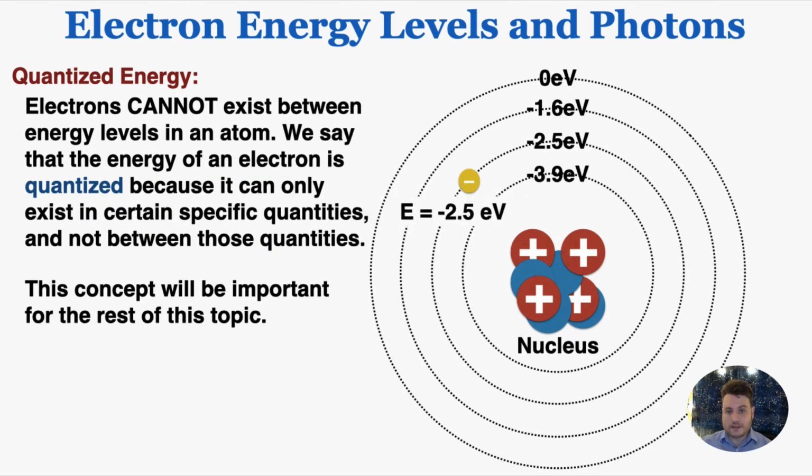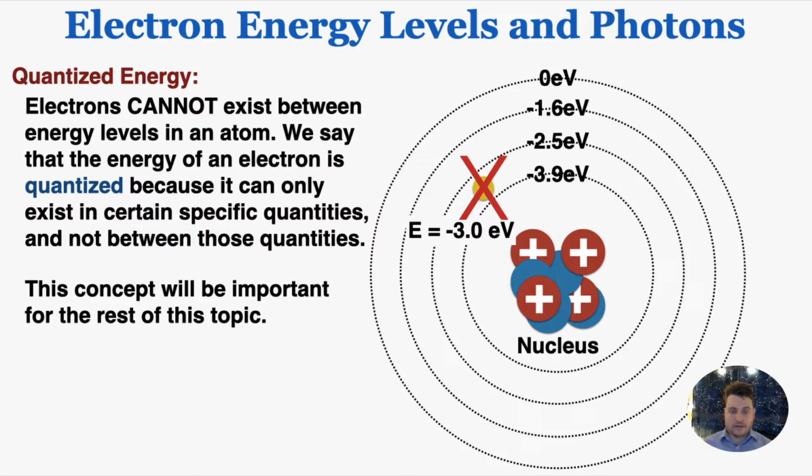It could also exist here at negative 2.5 electron volts, but there's no physical way for it to exist anywhere between those energy levels. So if I tried to say that this electron had an energy of negative 3 electron volts, that would not work. That would not be physically possible because that's between energy levels of the atom. So we say that the energy levels of an electron are quantized because they can only come in very specific quantities.